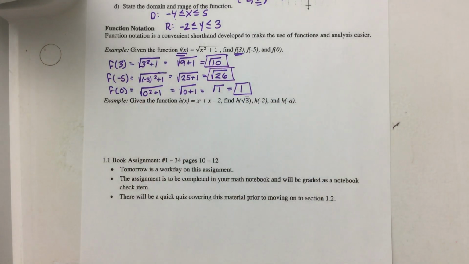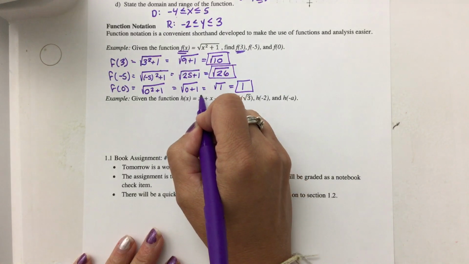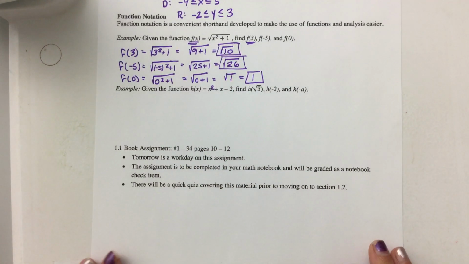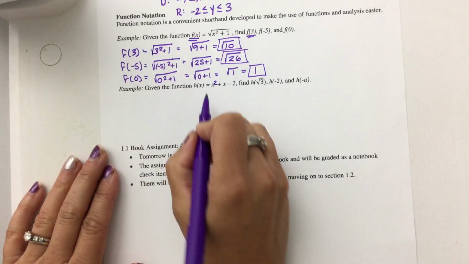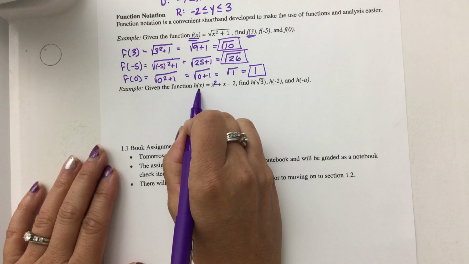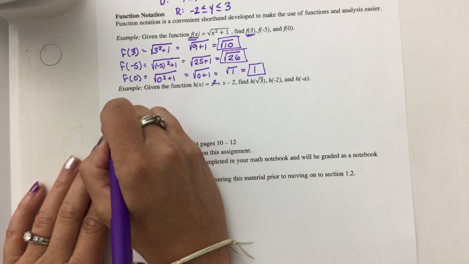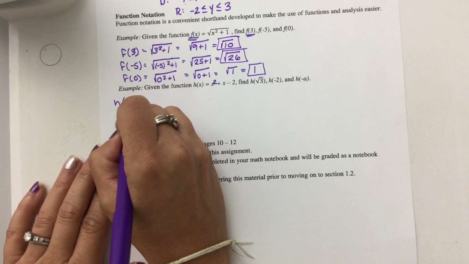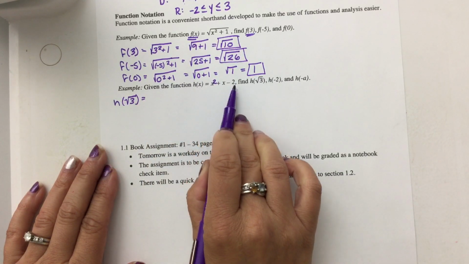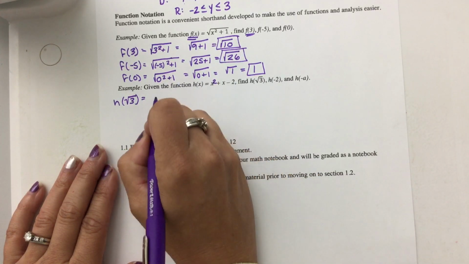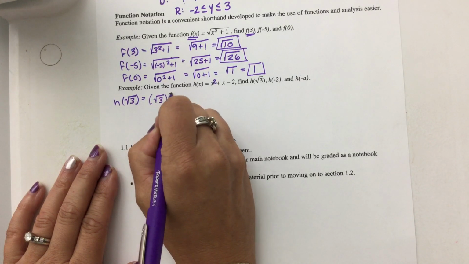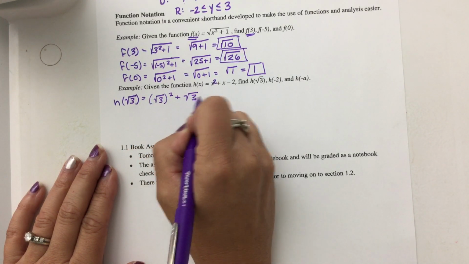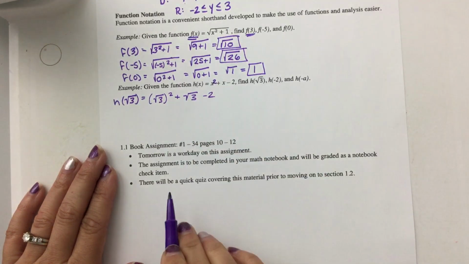Function notation. We're going to go ahead and do one more. This is a power of 2, which is kind of printed a little funky. So if this is my h function, my variable that I'm replacing is an x. So if I have h of the square root of 3, that means I go in here, and wherever there's an x, I have to put in the square root of 3 in its location. And notice this time I have 2 x's.